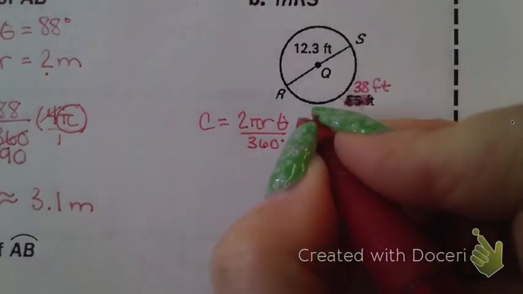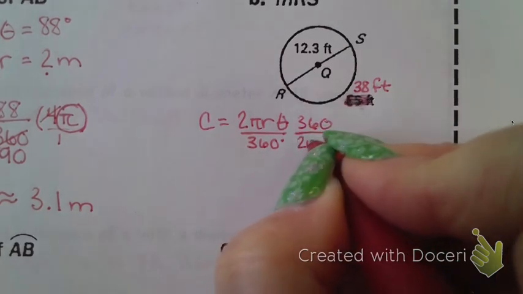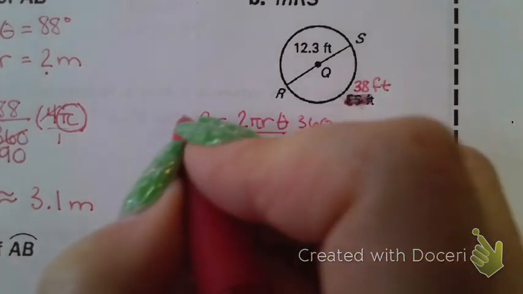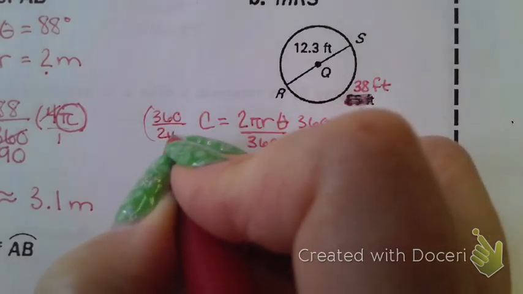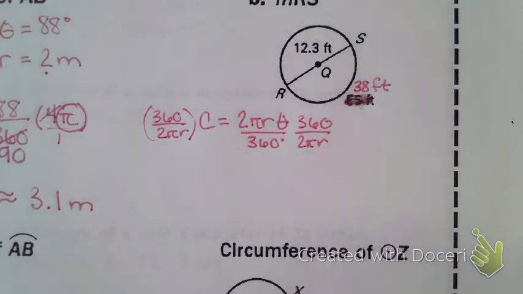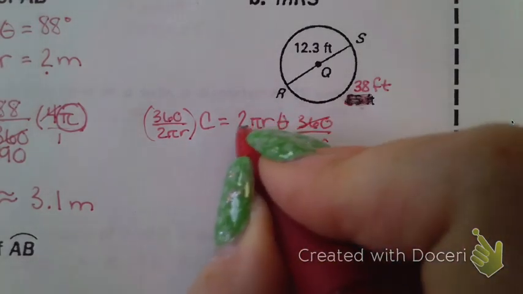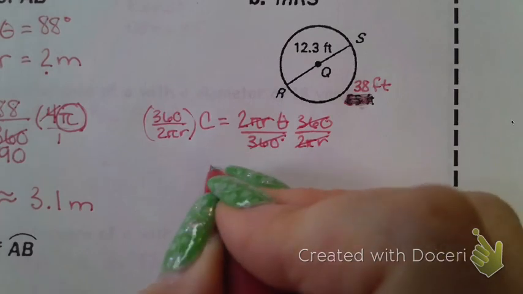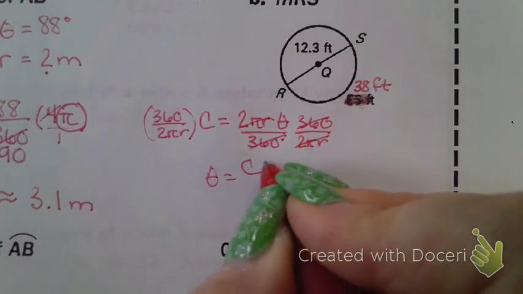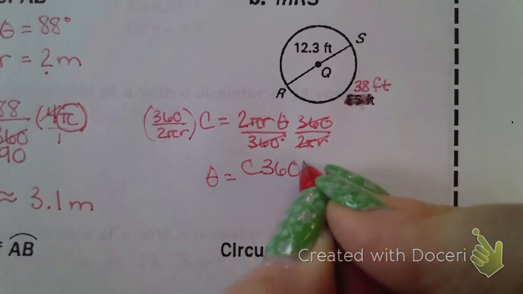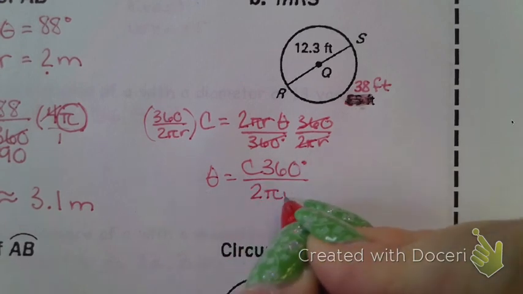So I'm going to multiply both sides by 360 over 2 pi r. Here they reduce, yes? And so I get theta equals C times 360 over 2 pi r.